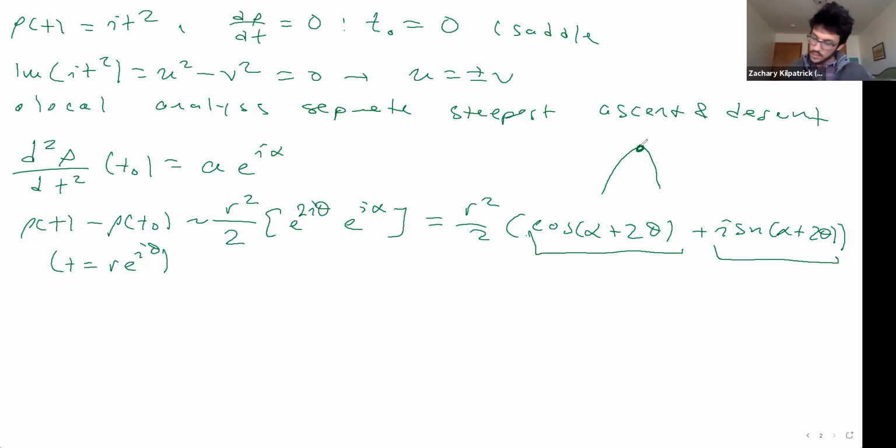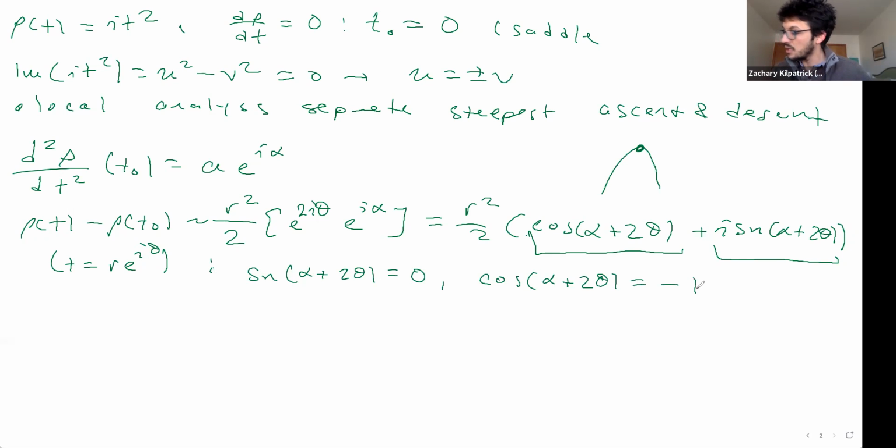So our conditions end up being sine of alpha plus 2 theta equals 0, and cosine of alpha plus 2 theta is going to be less than 0, but we can make it equal to -1 in this case.